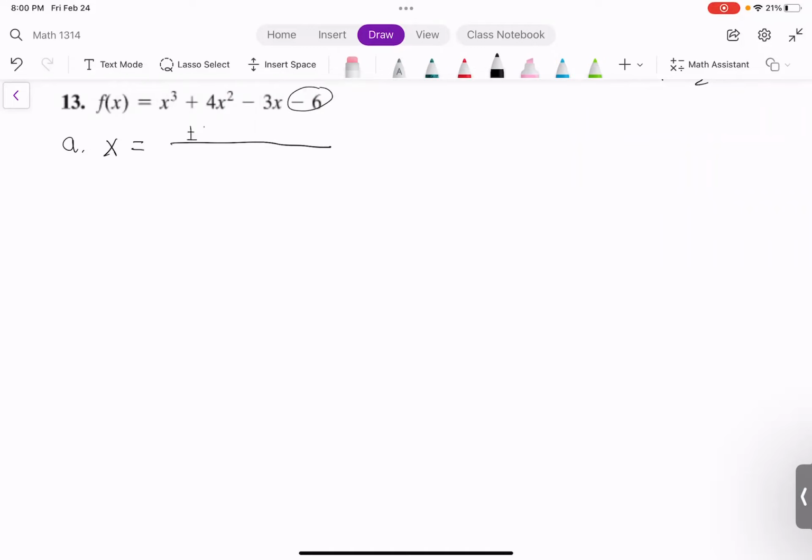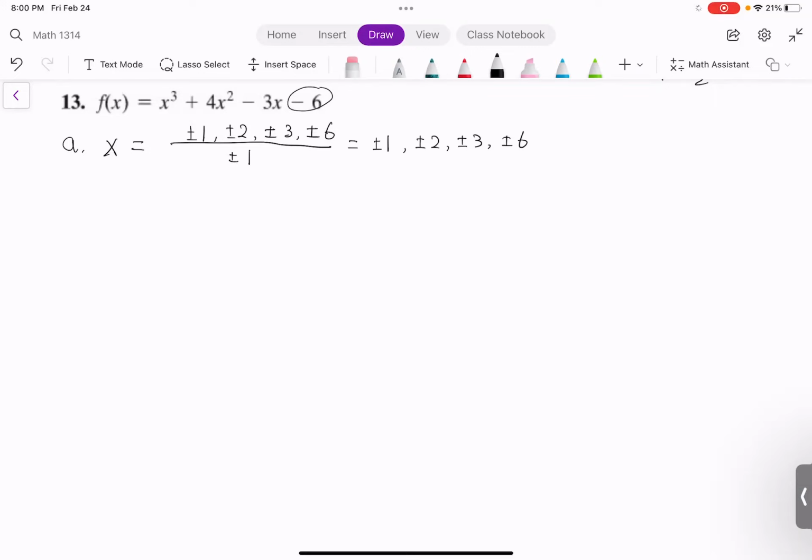They are positive or negative 1, positive or negative 2, positive or negative 3, positive or negative 6. The bottom is positive or negative 1. So all possible rational zeros, they are positive or negative 1, positive or negative 2, positive or negative 3, positive or negative 6.